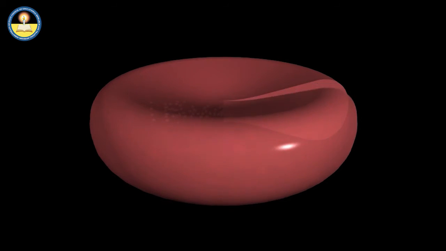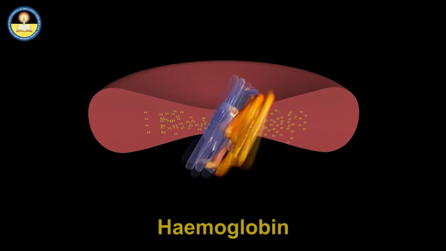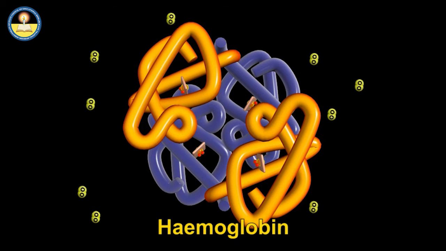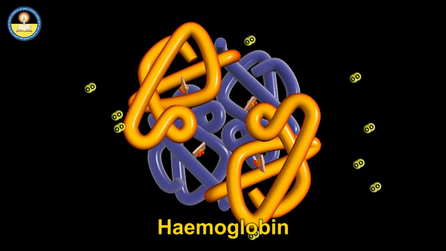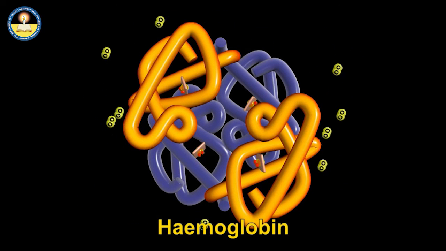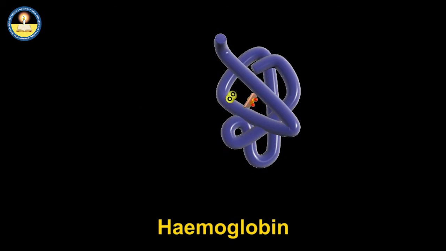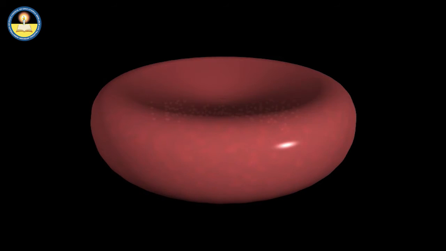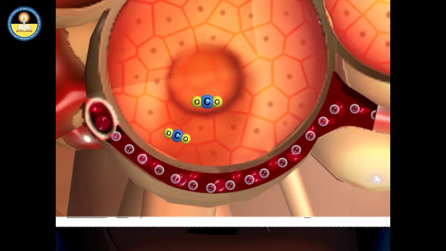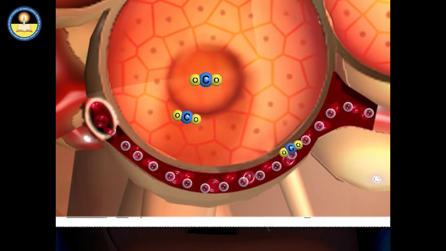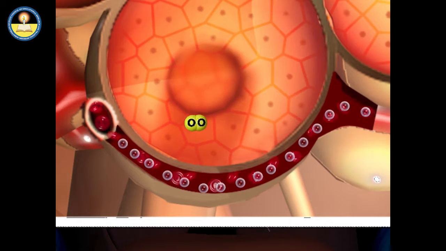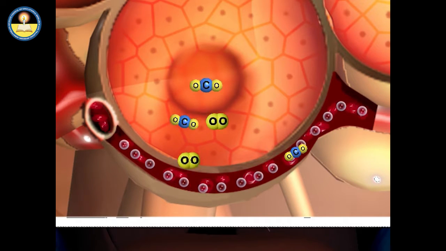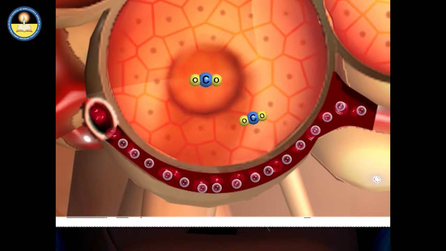Once in the bloodstream, oxygen gets picked up by the hemoglobin present in red blood cells. Due to the difference in concentration, the gases get exchanged between the alveoli and the blood passing through the capillaries.